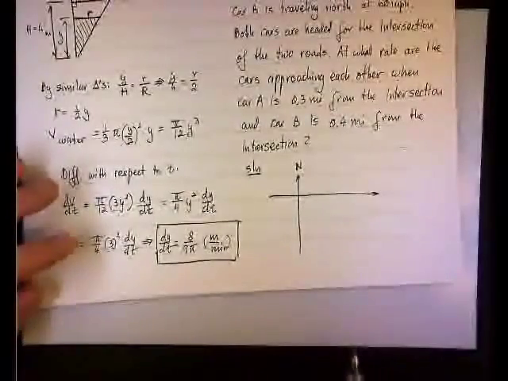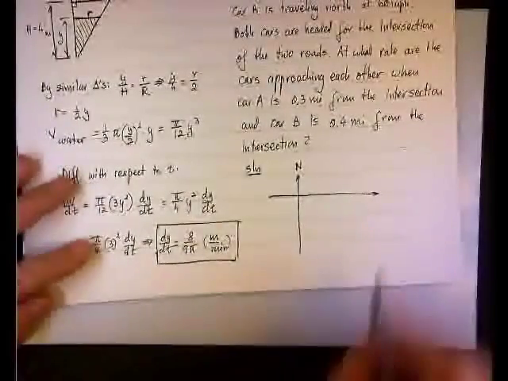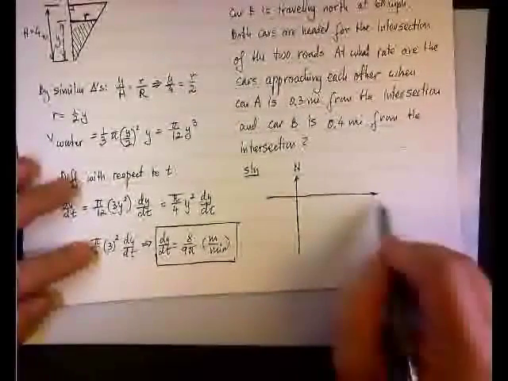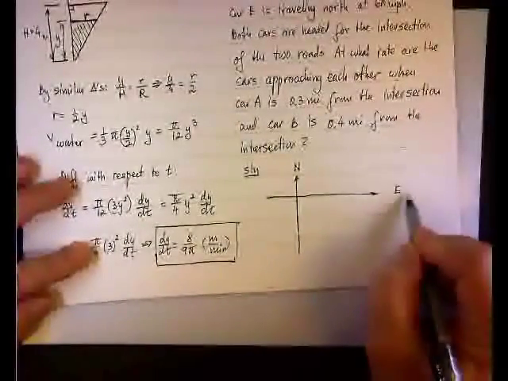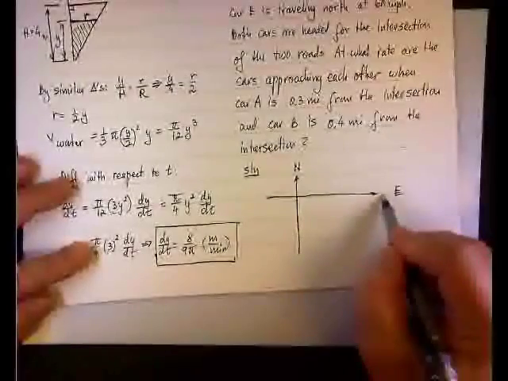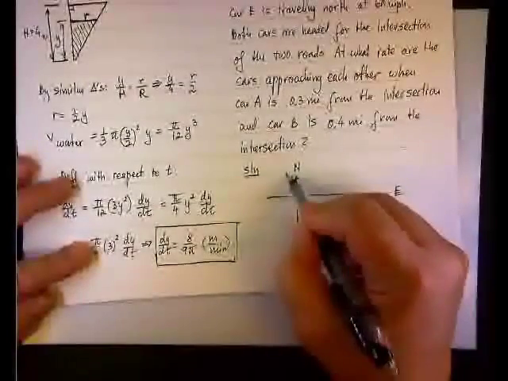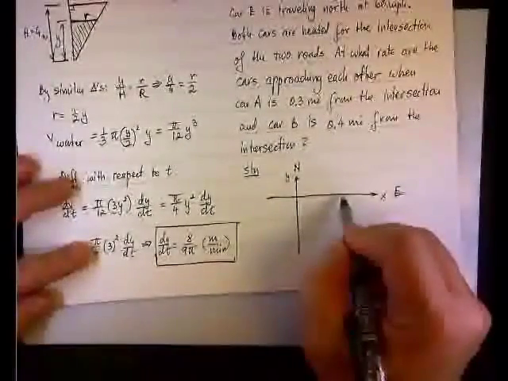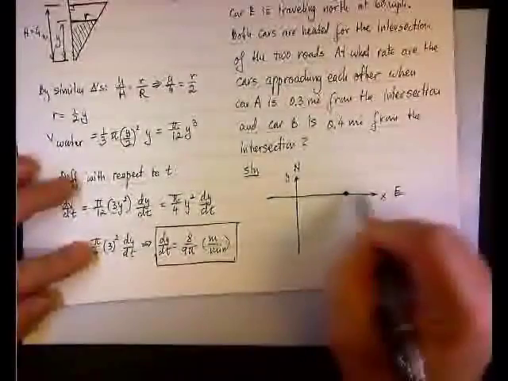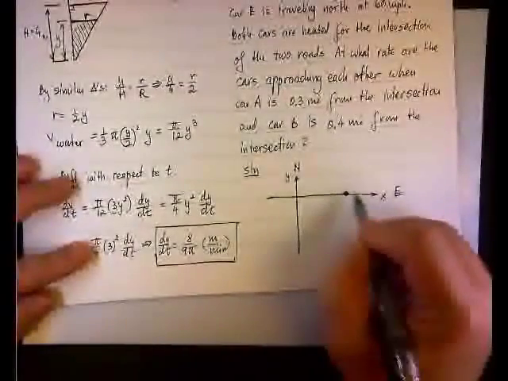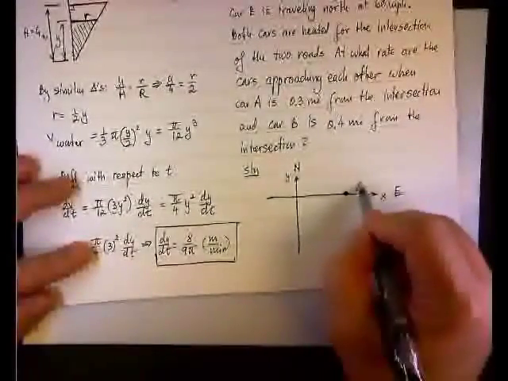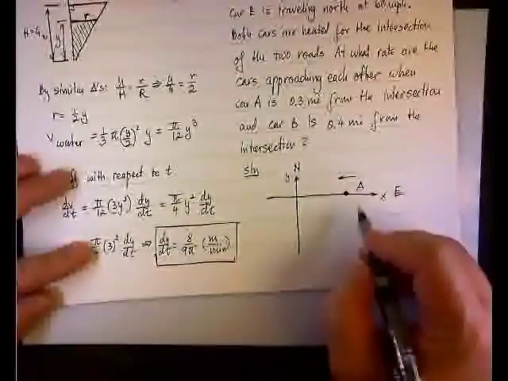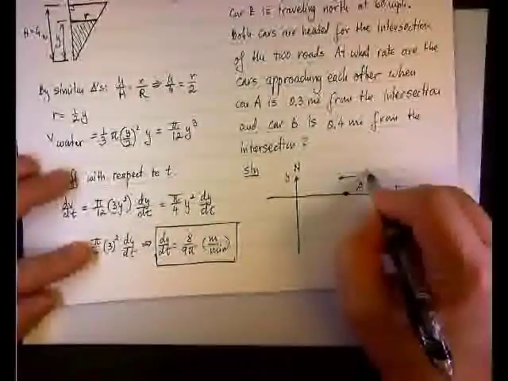Anyway, car A is driving west. Well, to the right of the north is east. So east is in this direction, and the east direction would be x, and the north direction would be y. Okay? And let's say this is our car A, and A is moving in this direction at 50 miles per hour.